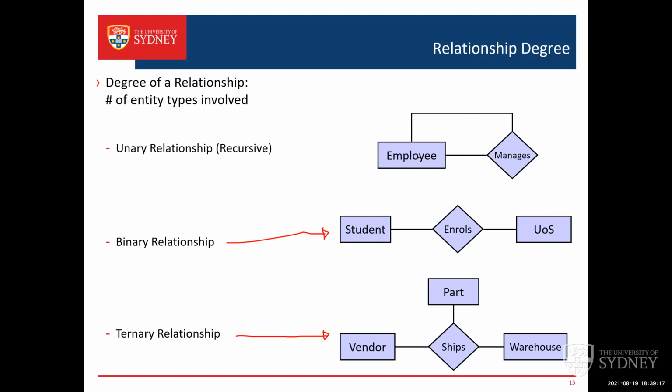Can anyone think of any other example where we might need unary relation? So this is one, employee manages employee. Anything else you can think of? Someone is asking, is entity set basically a table? Yes. Next week we will learn that entity set is nothing but simply a table.